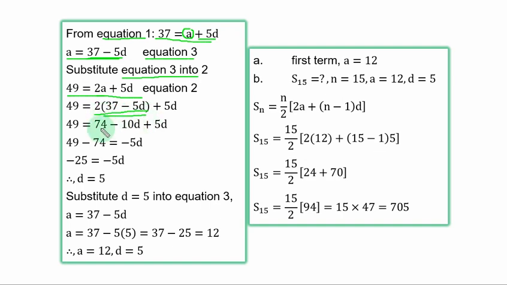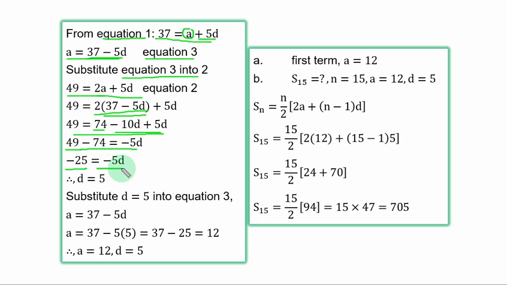You open this bracket, you have this result. Transfer this term to the left and you simplify these two terms. You have 49 minus 74 equal to minus 5d. That becomes minus 25 equal to minus 5d.